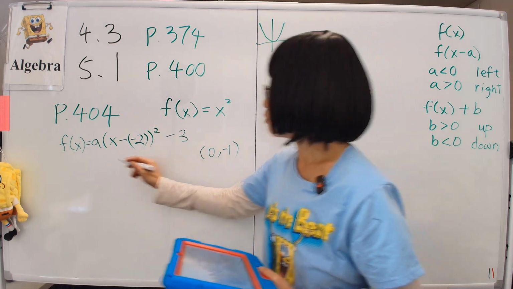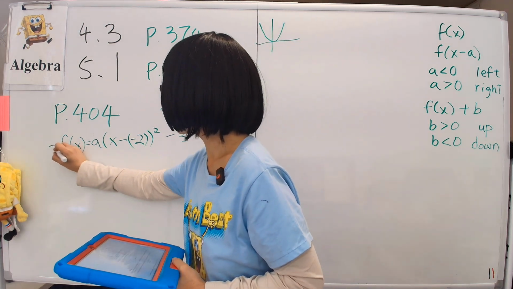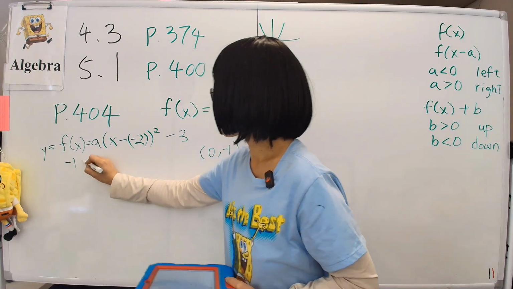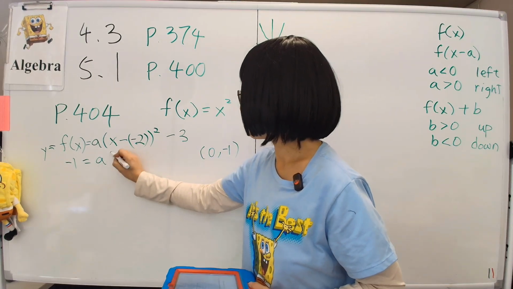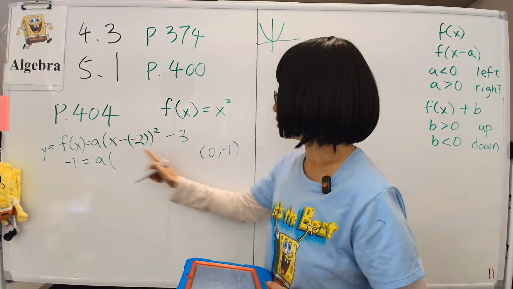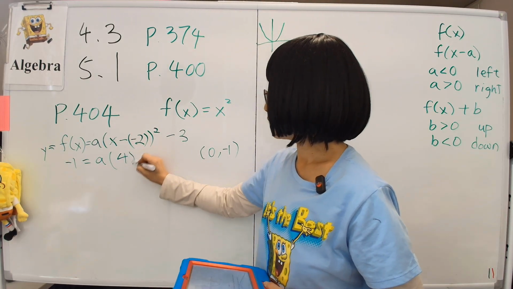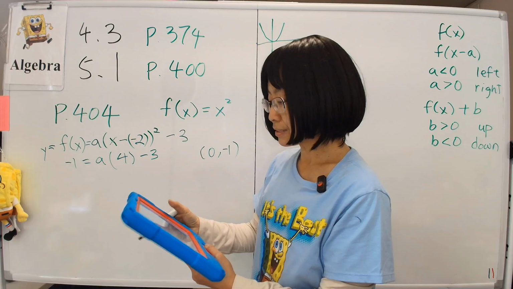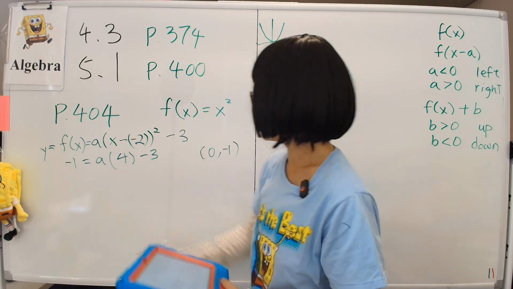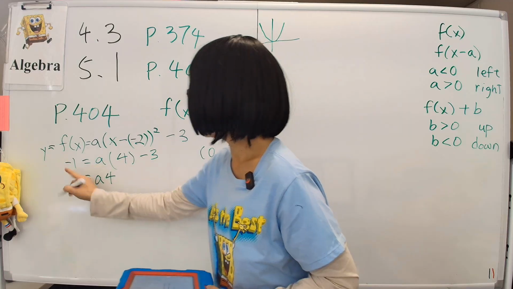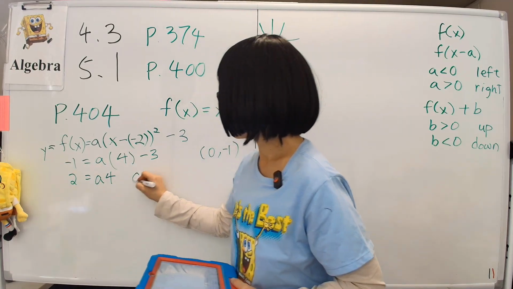In other words, y is f of x. So the y value is equal to minus 1, and the x value is 0. So 0 plus 2 squared is 4, minus 3, which means a times 4 equals 2, so a equals 1/2.